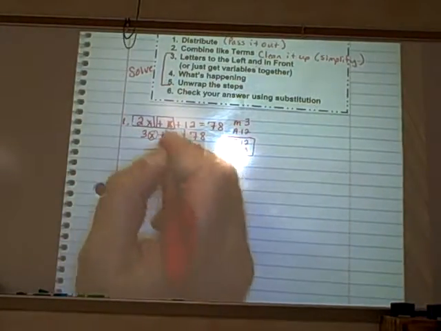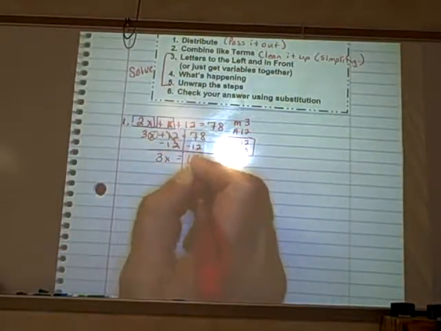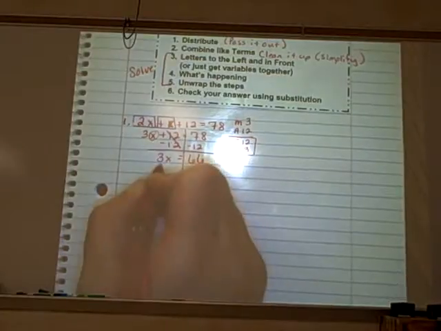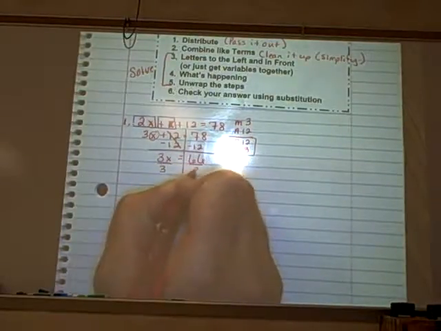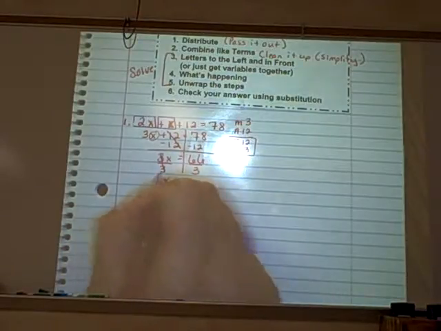This 12 minus 12 cancels and you get 3x equals 66. And then you're going to divide by 3. X equals 22.